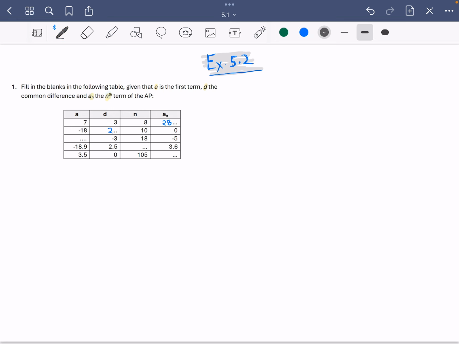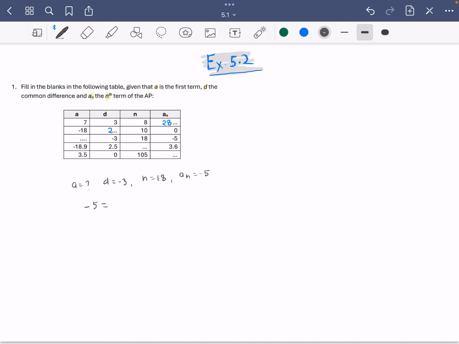Third subpart, you have to find out A. You are given D is negative 3, N is 18, and AN, that's the 18th term, is negative 5. We're going to use the same formula for the general term of an AP. AN is negative 5.